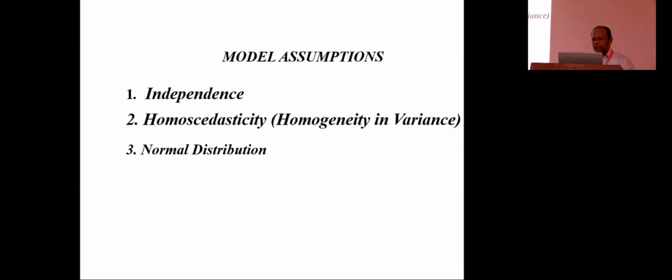These are all the assumptions which we have, that is independence. Observations are independent. But in repeated measures analysis, the observations are not independent, so we are violating the assumptions there. And homogeneity of variance. What do we mean? The y variable follows normal. Don't go for testing for normality and all that when you do regression analysis.